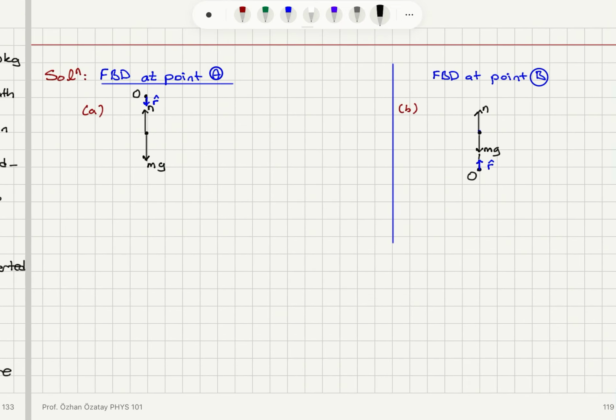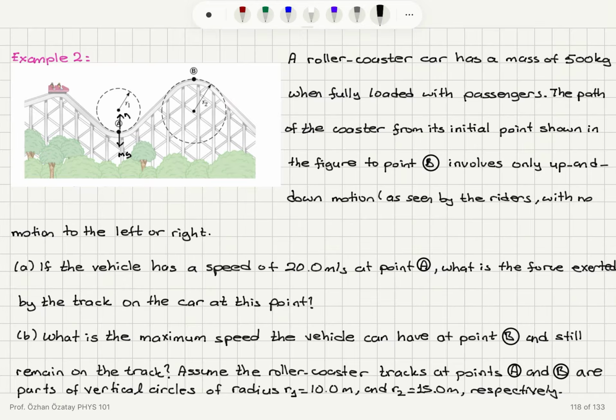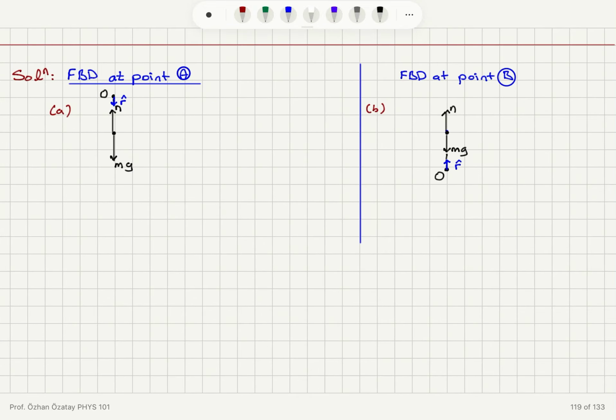So you can see because this is part of a circle and the center is up above, we have the r hat vector pointing down. So r hat vector is pointing down, the normal vector is n, and mg is pointing down.